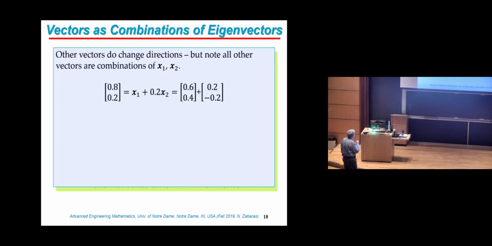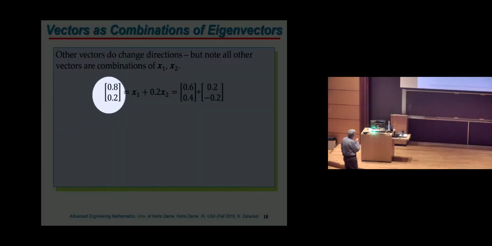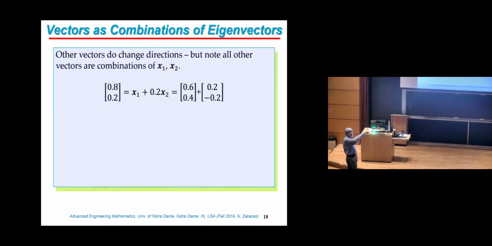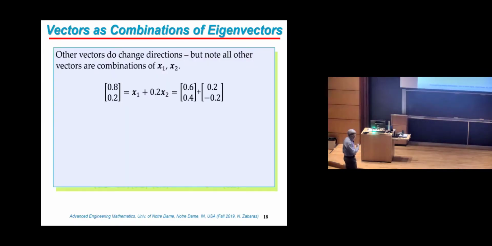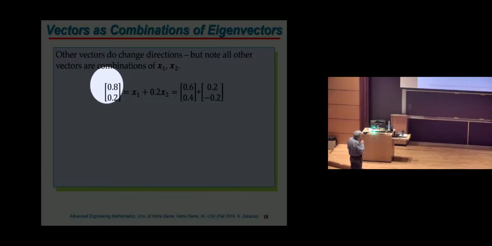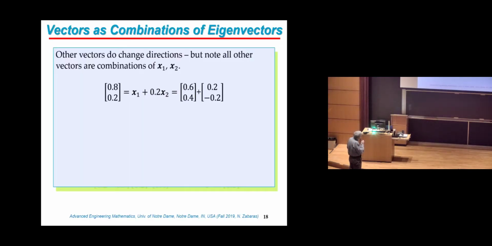So what I'm going to do is, for this particular case, because I have two independent eigenvectors, they span the whole of R2. Can you see that? Because the matrix is invertible, they span the whole of R2. So these two eigenvectors can, by combination, generate any other vector in R2. So I can take this vector 0.8, 0.2, just some arbitrary vector, and write it as x1 plus 0.2 x2, a combination of the two eigenvectors.